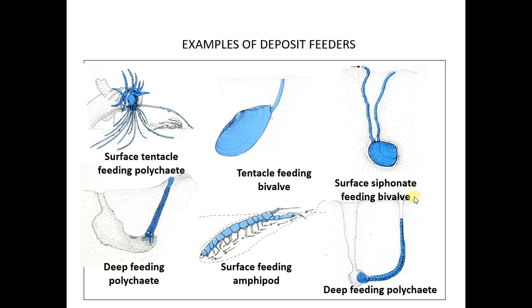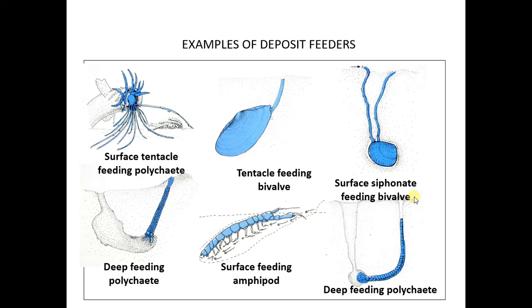Let's see examples of deposit feeders. You have the surface tentacle feeding polychaetes. You have the tentacle feeding bivalve. You have the surface siphonate feeding bivalve. You have the deep feeding polychaetes. You have the surface feeding amphipod, and you have the deep feeding polychaetes.